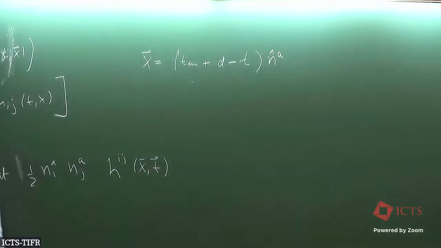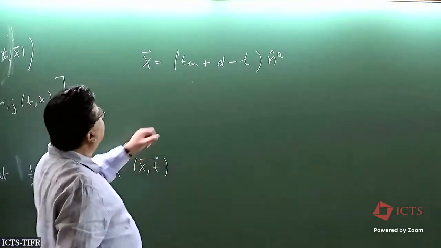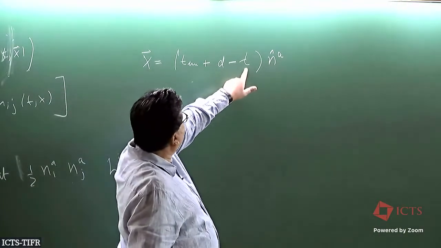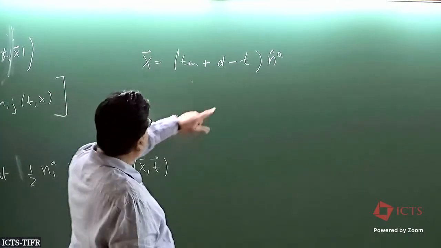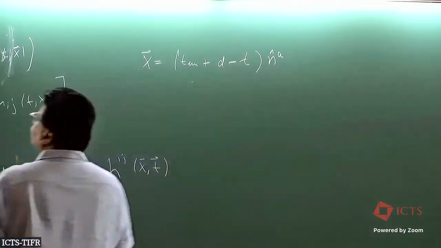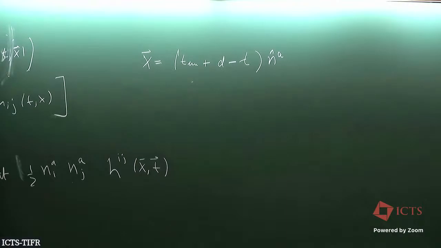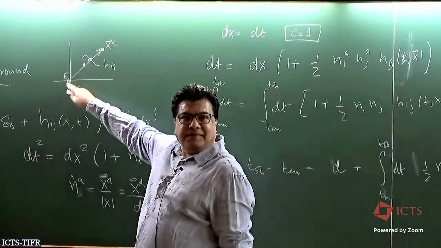So when t goes from t emission to t observation, this x goes from there to there. Okay.